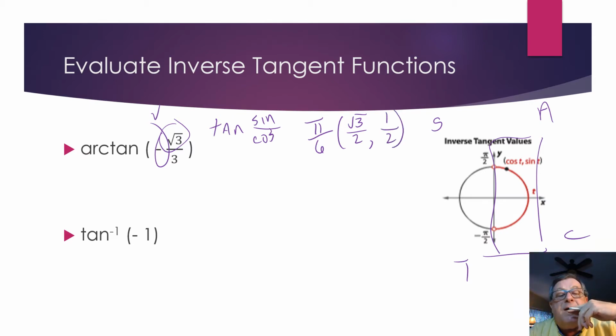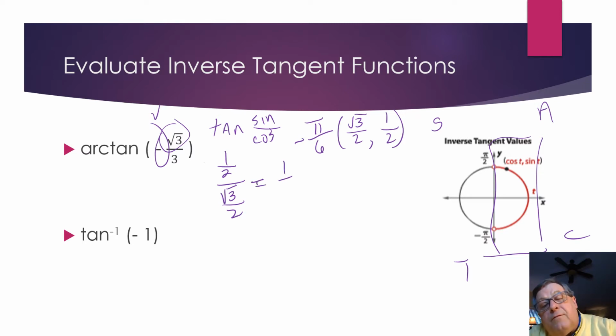Well, let's plug that in as a tangent and see what that settles out to. If I've got the sine, and this would be at negative pi over 6, I would have 1/2 over square root of 3 over 2, which is going to equal 1/2 times 2 over the square root of 3, and those 2s cancel, leaving me with 1 over the square root of 3.